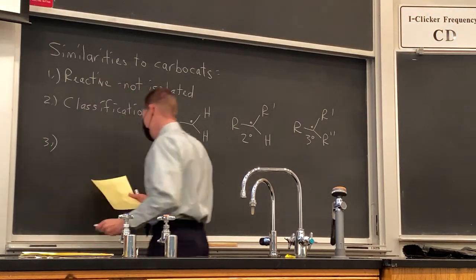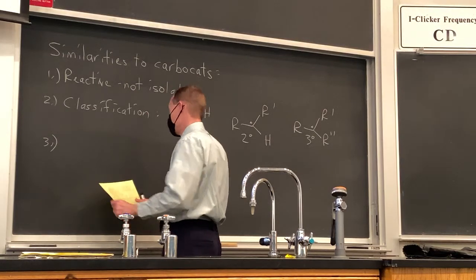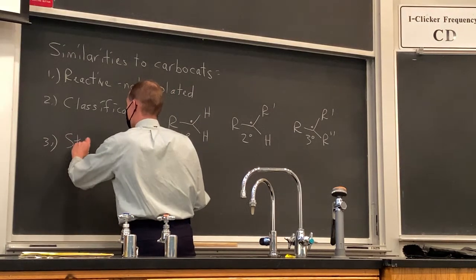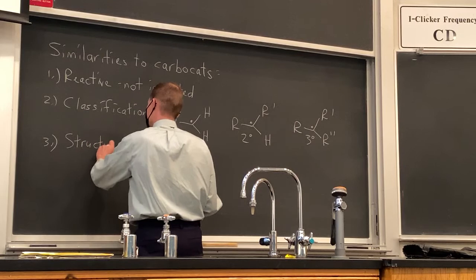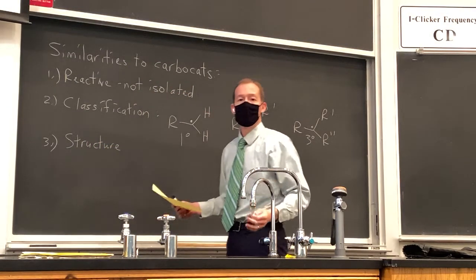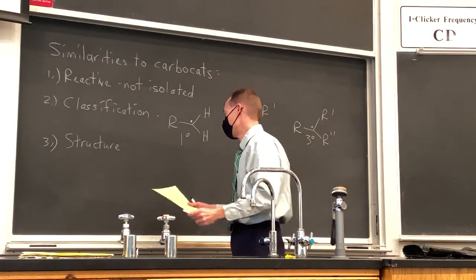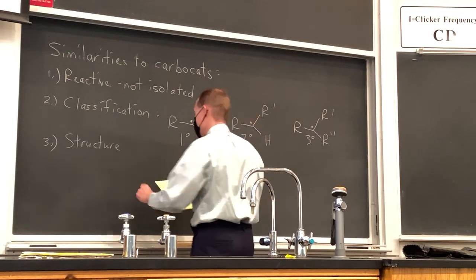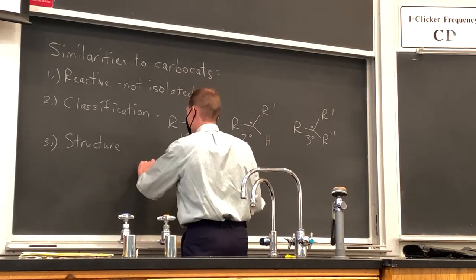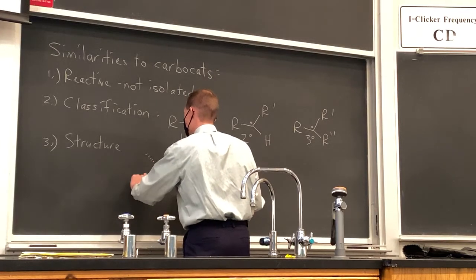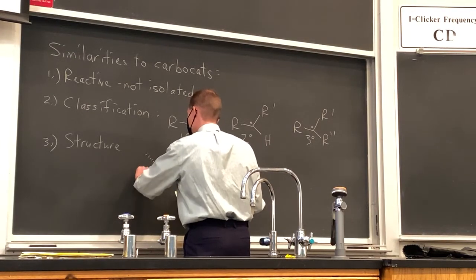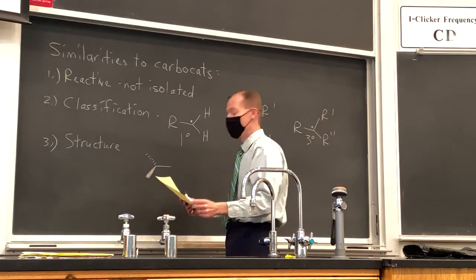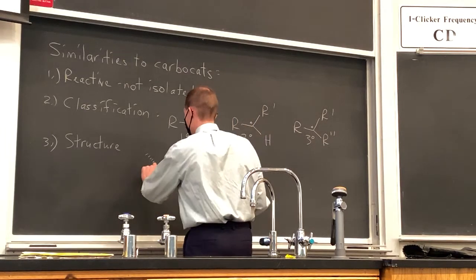The third area in which carbocations and radicals are similar is their structure. The unpaired electron does not count as a group, so we have three groups on a carbon that bears an unpaired electron. So the geometry is trigonal planar. The hybridization is sp2.